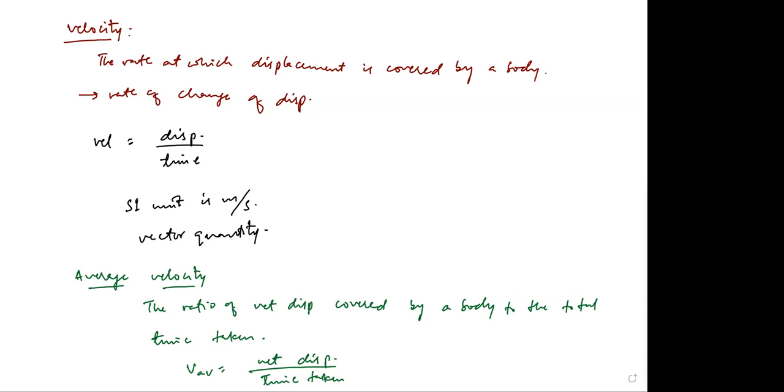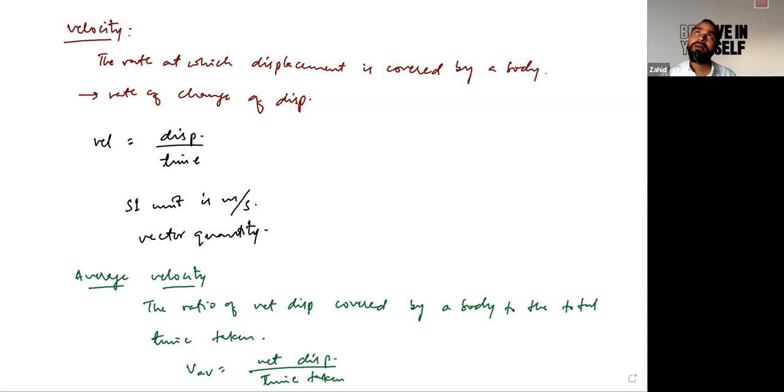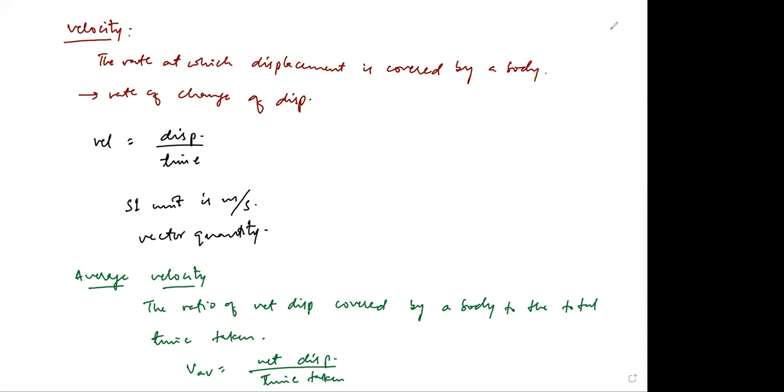Sir, by the way, from which chapter are we learning now? We are learning the third chapter, that is motion in a straight line, kinematics 1. Oh, okay, sir. Thank you.